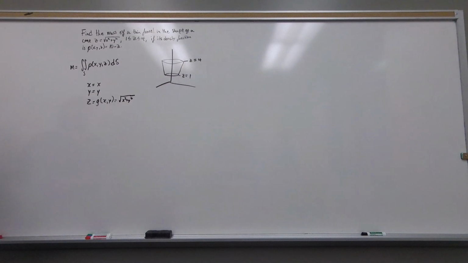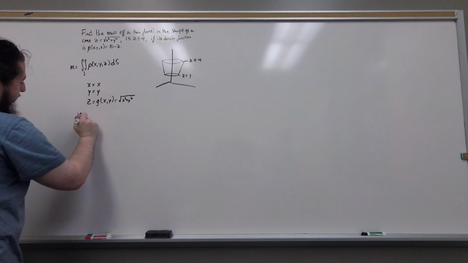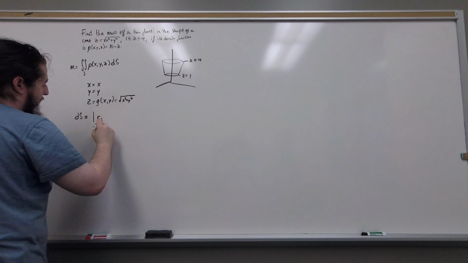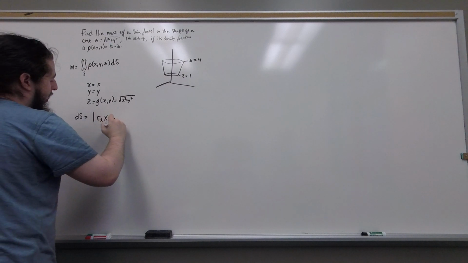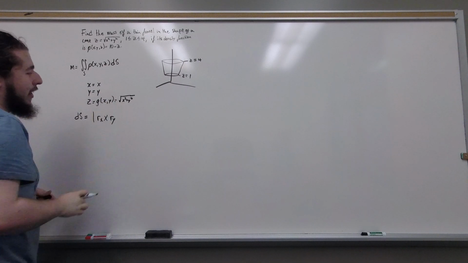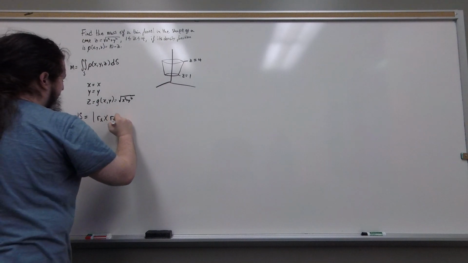Now, with our parameterization, we know that our dS is going to be equal to the magnitude of the cross product of the partial derivatives of g(x,y), dA.